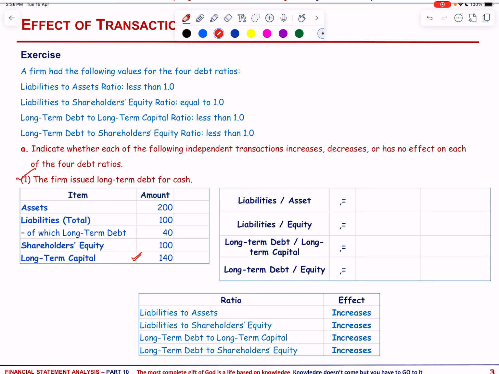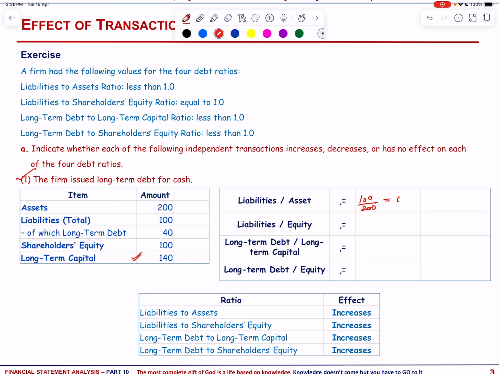Now, we have the ratios, that is liabilities to total assets. We have the total liabilities equal to 100, and the total assets are equal to 200 in this situation.